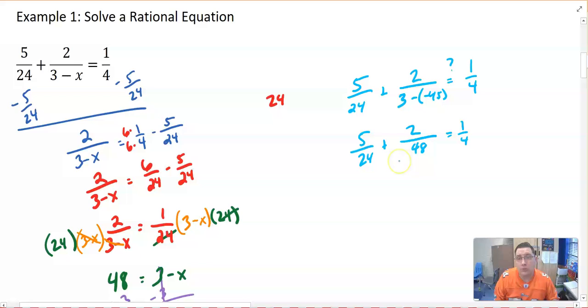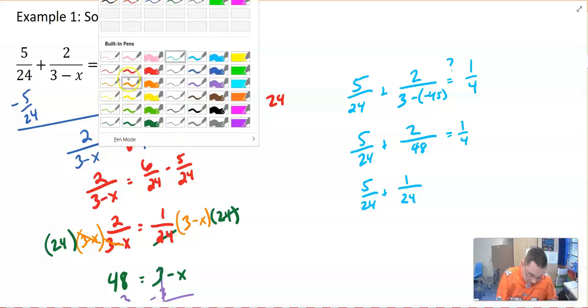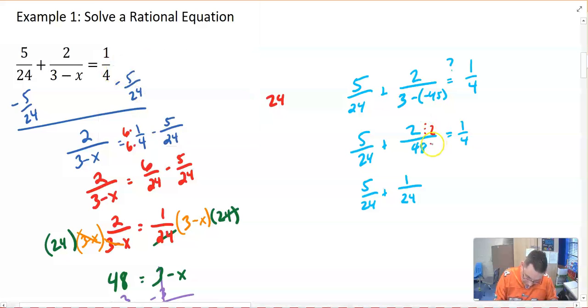Common denominator here is 48. Or this 2 over 48 will actually reduce down to 1 over 24. And so 5 over 24 plus 1 over 24, because we're dividing here by 2 and here by 2, right? Because that can reduce. And then that's equal to the 1/4.